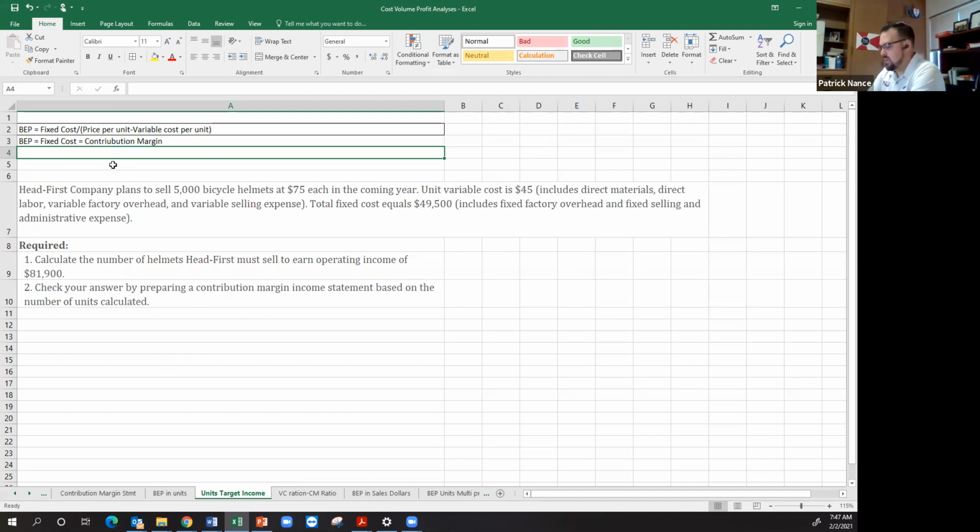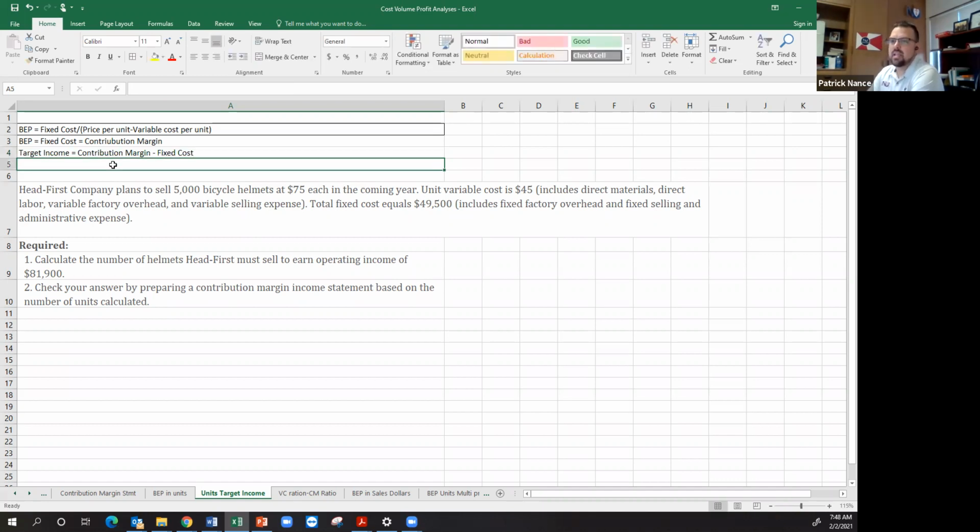Well, in that case, rather than break even, I've got a target income. To earn a target income, contribution margin minus my fixed cost would equal my target income.